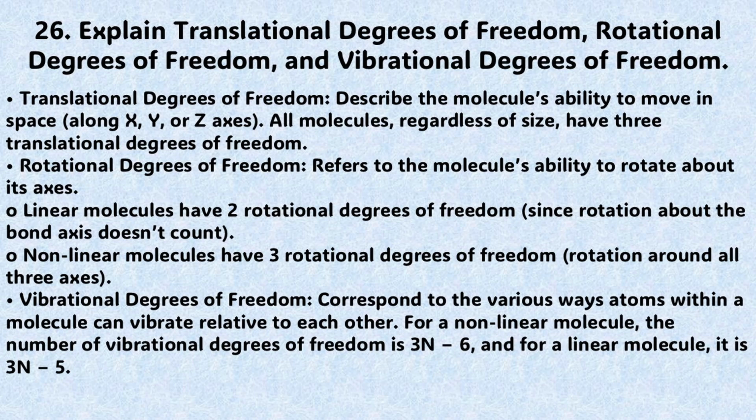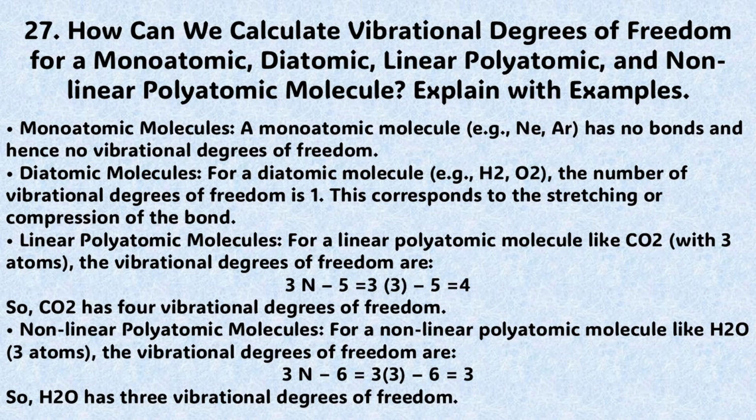Vibrational degrees of freedom correspond to the various ways atoms within a molecule can vibrate relative to each other. For a nonlinear molecule, the number of vibrational degrees of freedom is 3n-6, and for a linear molecule, it is 3n-5.